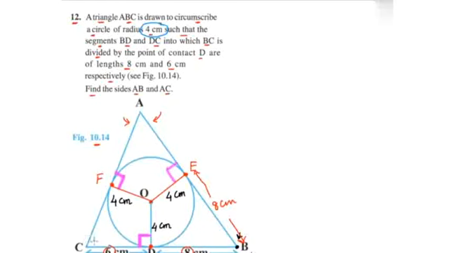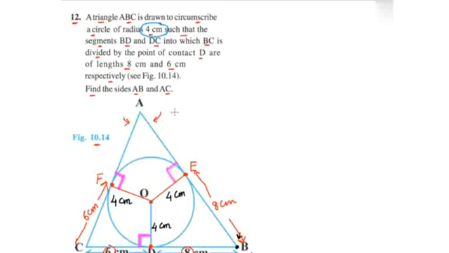Similarly, the two tangents from C to the circle are CD and CF, and therefore these two will also be equal. So CF will also be equal to 6 centimeters.